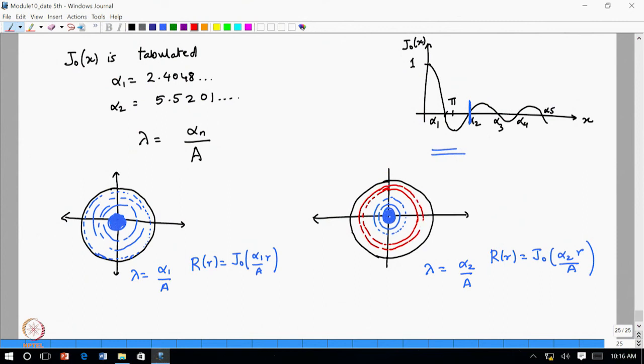I will just show in red the region where it is negative. It becomes more and more negative, and at some point the negative actually becomes quite a large amplitude, right here. And then it goes back to 0.